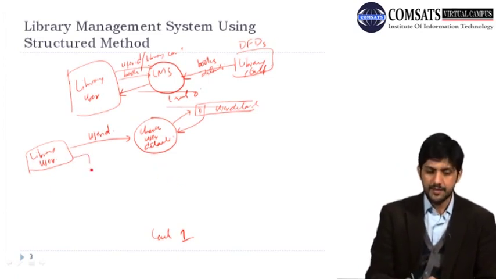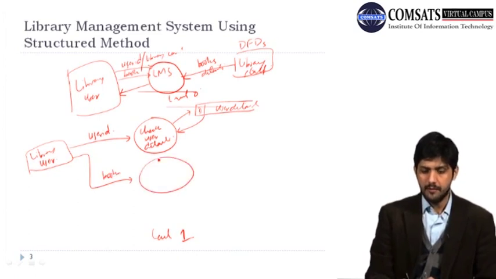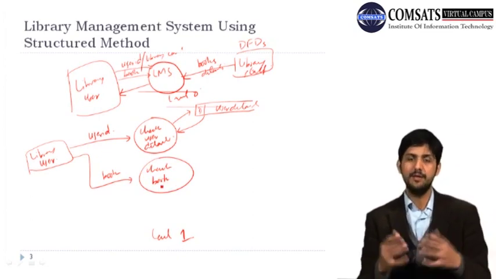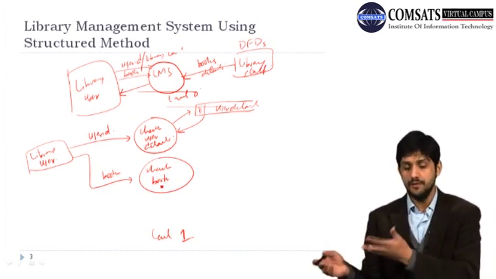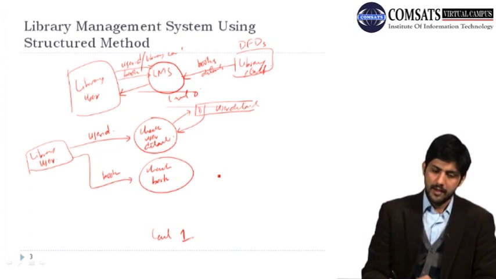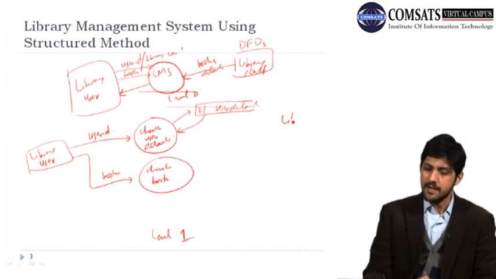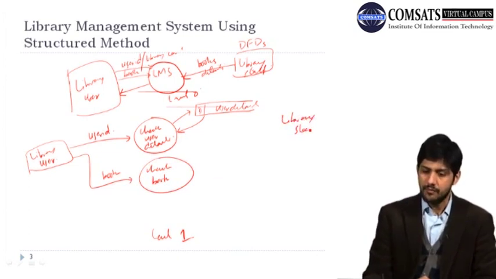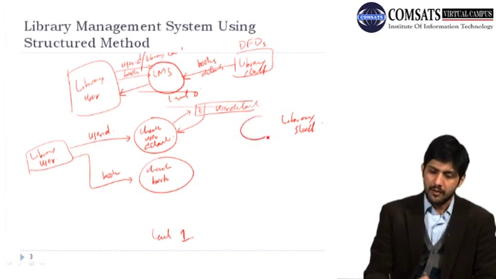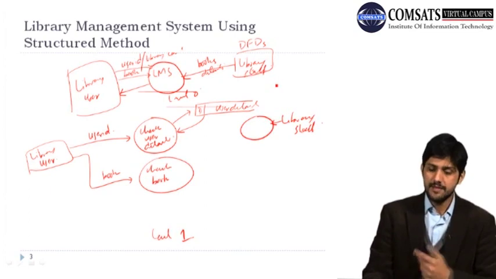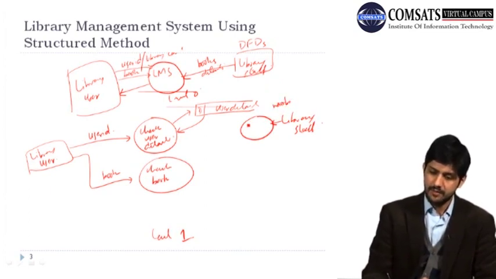And the other input, which is of the book, is sent to another process which will check whether the book is available or is already issued to someone else. And then we have this library staff who also punch in whenever there is a new book or update records.